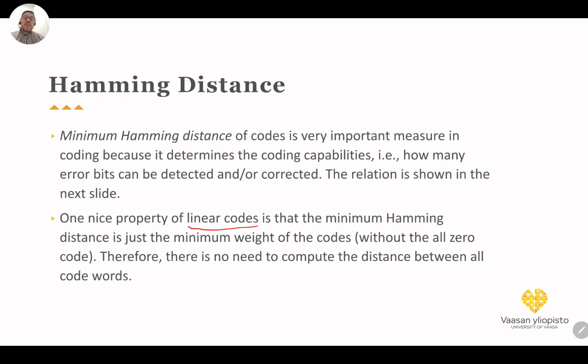For linear codes, it is enough just to check the minimum weight of the code, and this will be the minimum Hamming distance in that code. Of course, the all-zero code is not included in that computation.